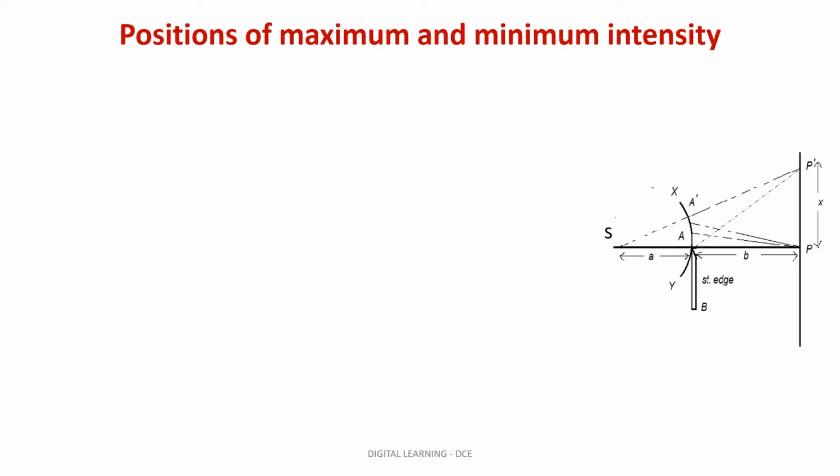Now let us identify the position of maximum or minimum intensity at any point above P. For that, let us consider this figure and join a line from A to P dash. So, we take PP dash equal to x. Then we have to take the path difference of the waves emerging from the exposed part A dash A. So the path difference delta is equal to AP dash minus A dash P dash.